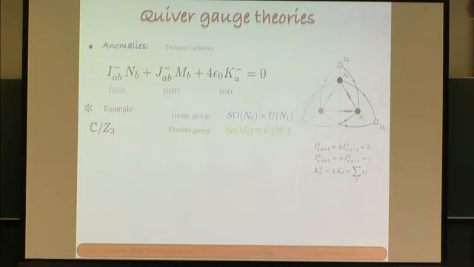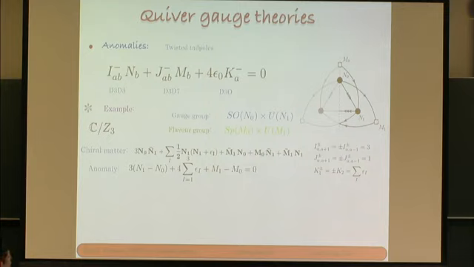You have a gauge group SO(N0) times U(N1), flavor group Sp(M0) times U(M1), and the chiral matter you already see from the diagram. The important point is that you have one unitary gauge group, therefore you have one anomaly equation. Out of these four numbers, N0, N1, M0 and M1, three of them are independent.